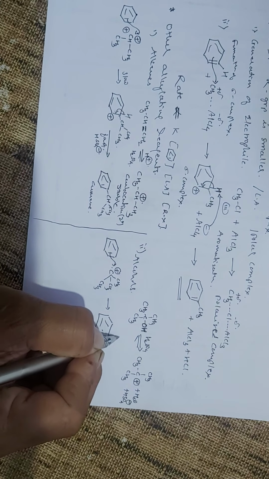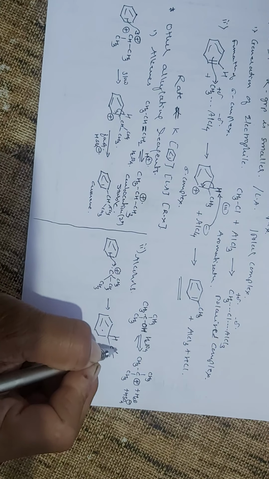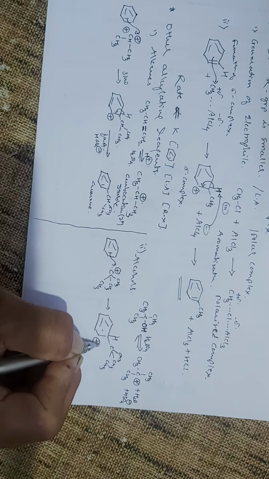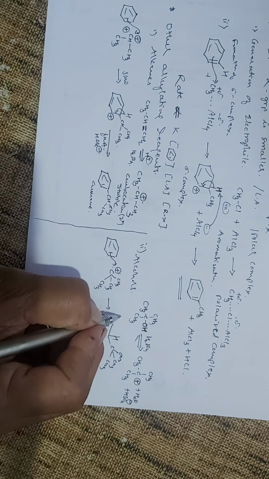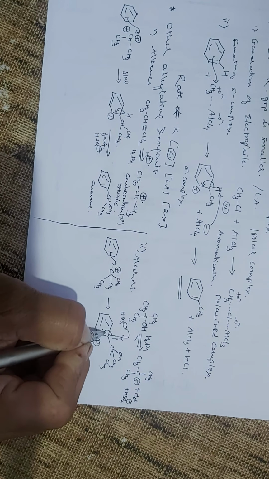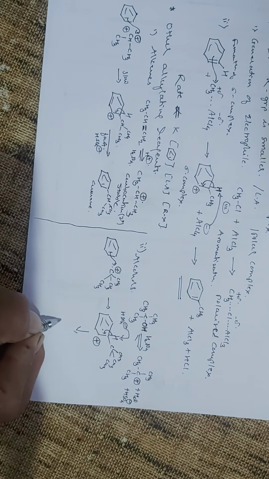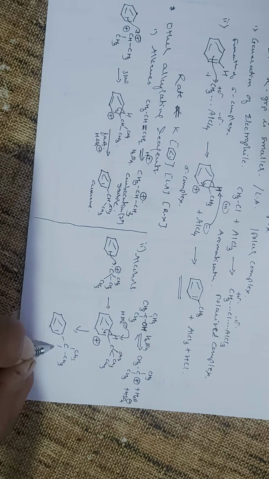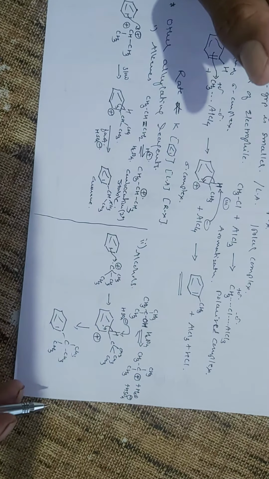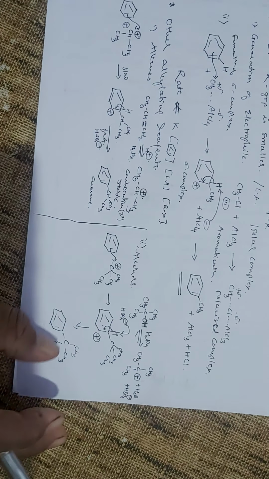And this carbocation, once obtained, undergoes the HSO4 minus conjugate base abstracting the proton, gives the electron pair and gives you the product, that is tertiary butylbenzene. And this tertiary butylbenzene is stable and the aromatic character is retained in the reaction, and so tertiary butylbenzene is obtained as a product.